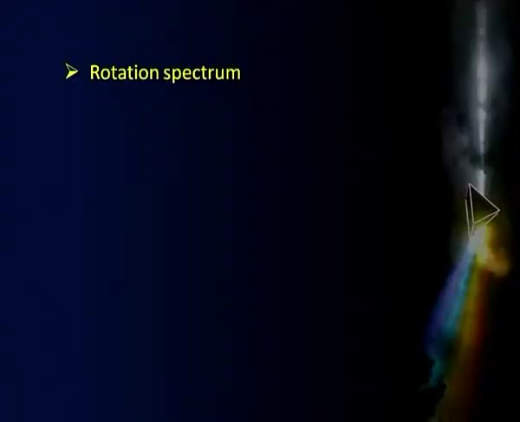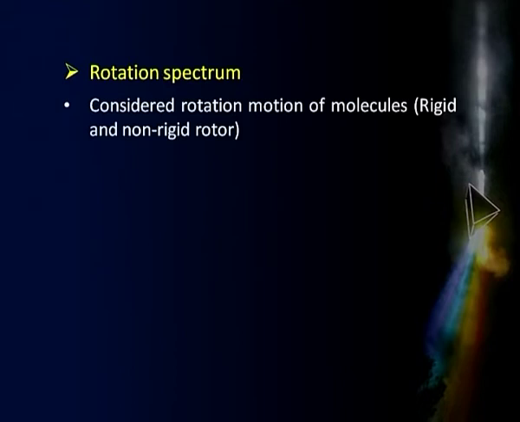But the question that comes up is, what are these electronic energy levels? To understand this, let us go back a little. When we talked about rotation spectrum, we considered the rotational motion of molecules. We started with the rigid rotor and then moved on to the non-rigid rotor.